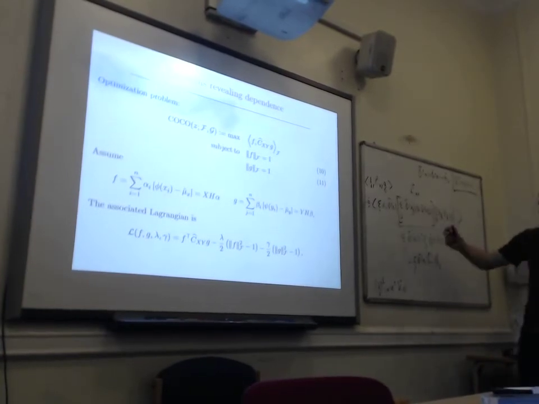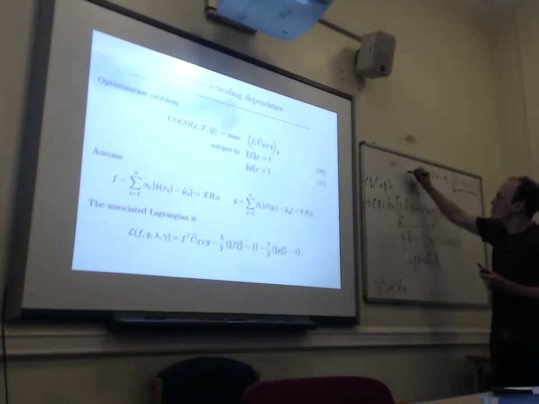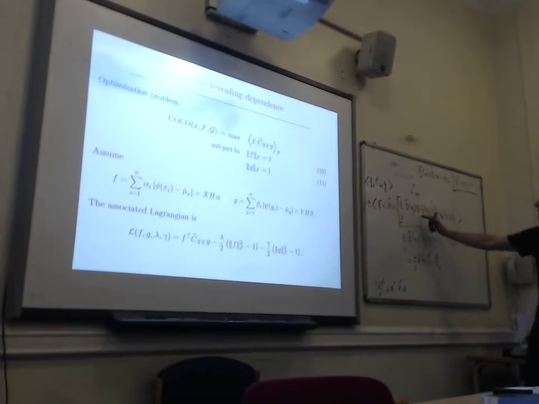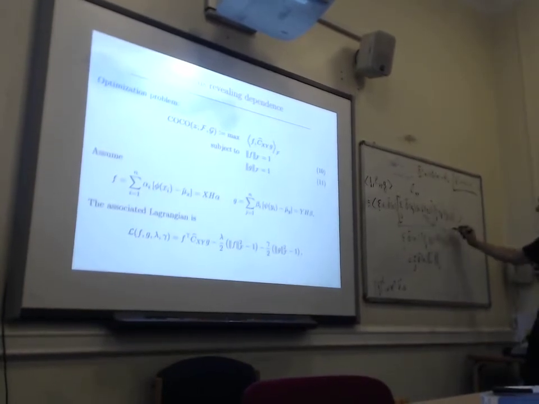And I've used my normal trick that A tensor B acting on C is A times the inner product of B and C. So here I've got A tensor B, C, and then I've taken the inner products of these terms here, which is what I've got here.